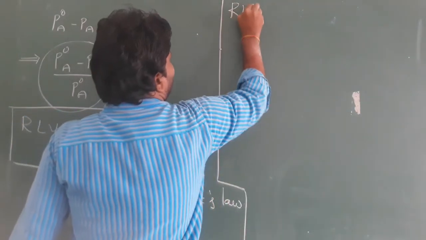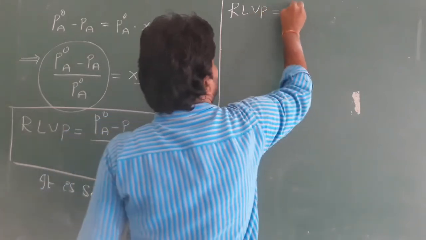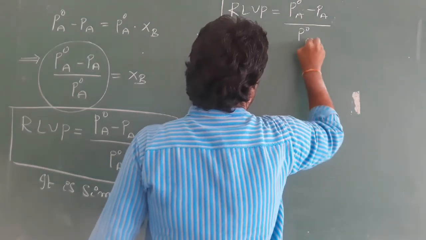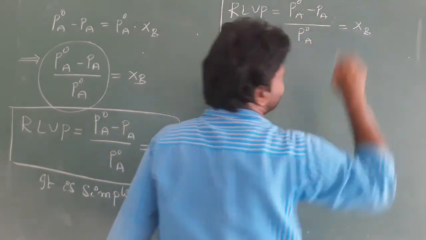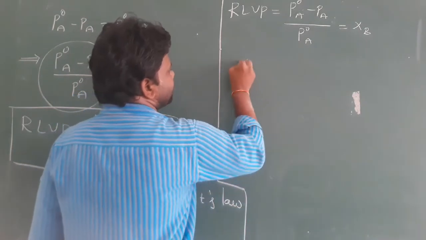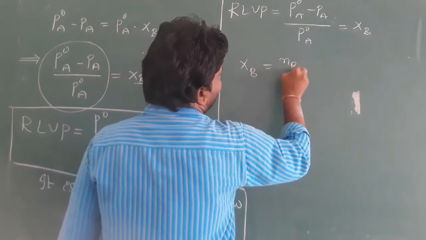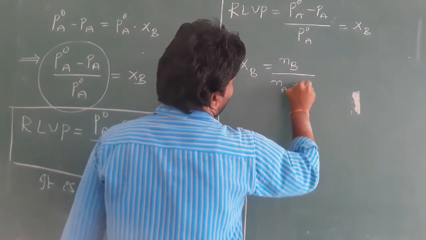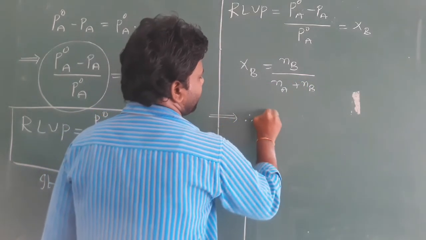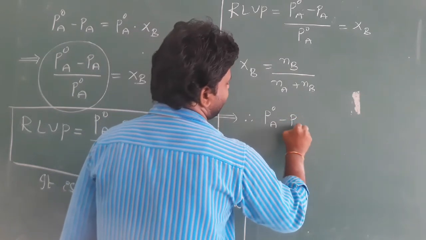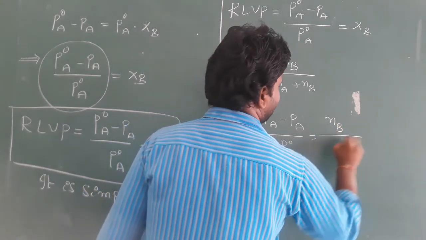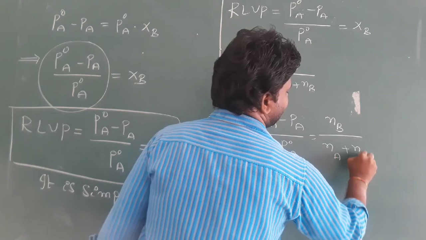The relative lowering of vapor pressure is equal to P naught A minus PA by P naught A is equal to XB. So do you know that XB means number of moles of B by number of moles of A plus number of moles of B? So therefore P naught A minus PA by P naught A is equal to NB by NA plus NB.